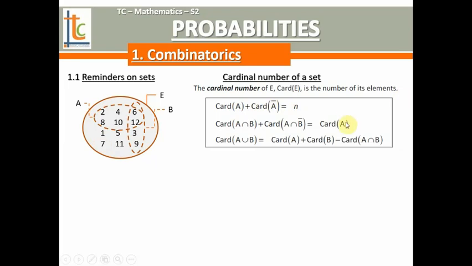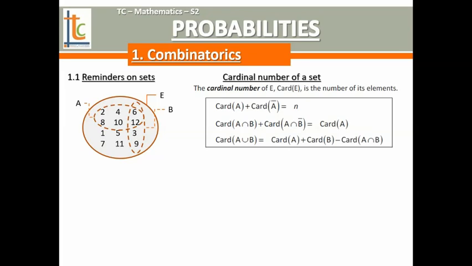The second formula is as simple as the former one. But in the second formula, you're only working inside A. You don't consider what's outside. It's just saying that A can be divided into two subsets, A inter B and A inter B bar.